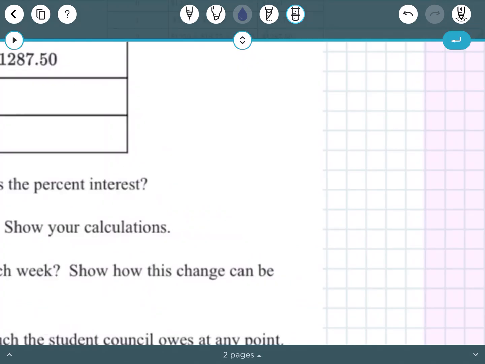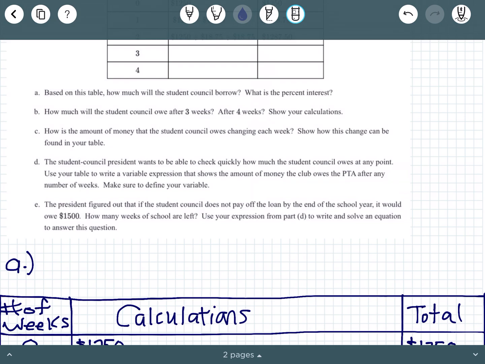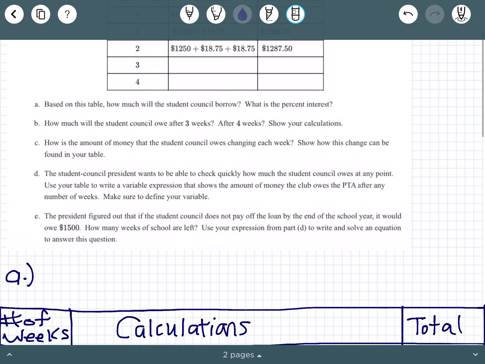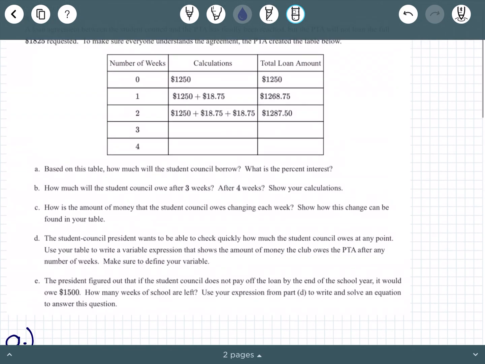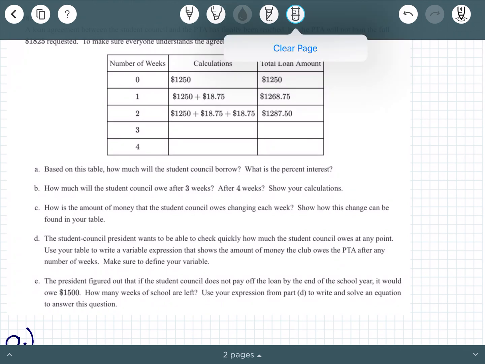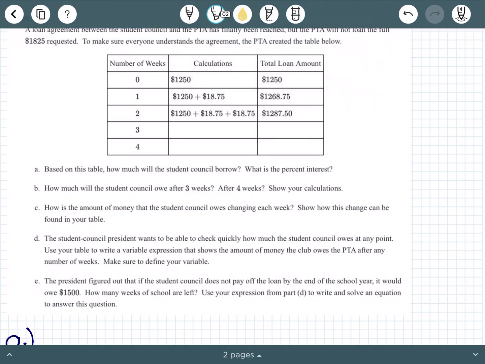All right, so for this part A, we need to figure out, based on the table, how much they will borrow and what is the percent interest. So right away, I see after 0 weeks, what I'm looking at here is this column right here.